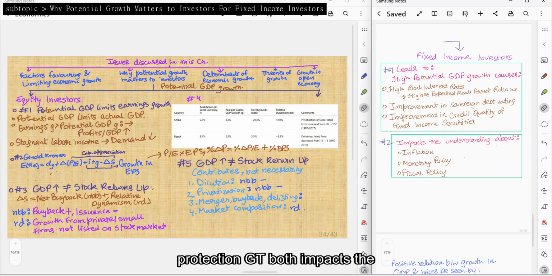Potential GDP growth also impacts the understanding of investors about inflation, as inflation is indicated by differences between actual and potential GDP. So it helps investors to gauge the level of inflation. It helps investors to forecast the future monetary policy based on whether the economy is overheated or underheated.